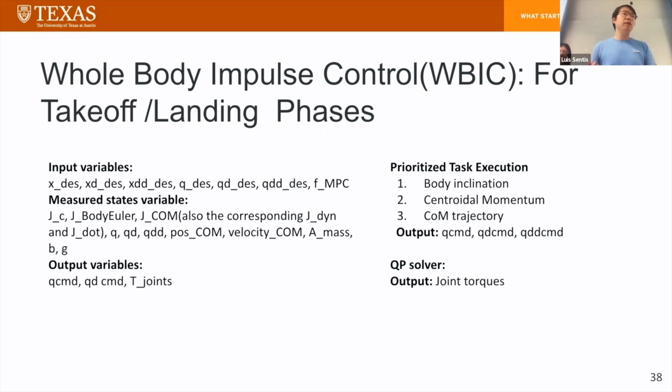But basically, what the whole body impulse control is trying to do is to prioritize the tasks provided by the MPC into different levels. Here we should define the body inclination as the priority, as the first task, the centroidal momentum as the second one, and the trajectory of center of mass as the third one.